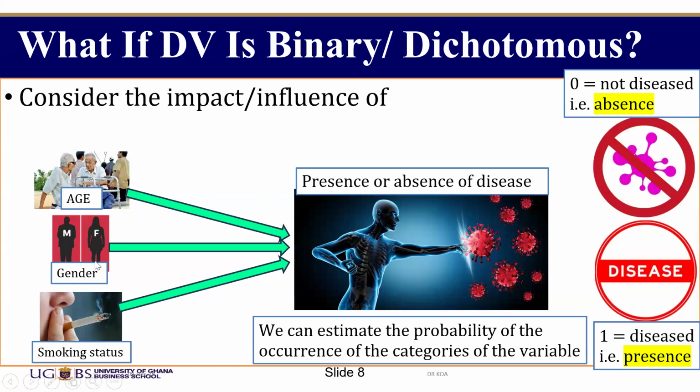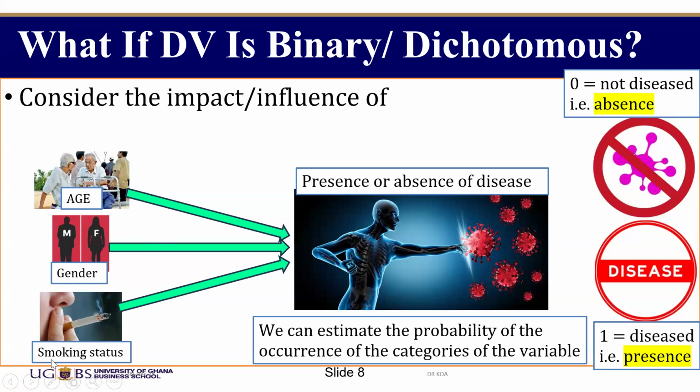Whether you are male or female, which one is more likely to have the presence of a disease? Don't worry, there's no right or wrong answer. Which of the two genders is more likely to have a disease? High blood pressure, I think male.